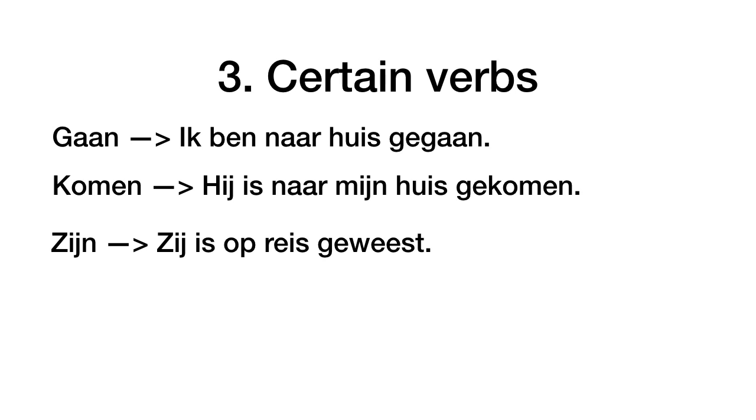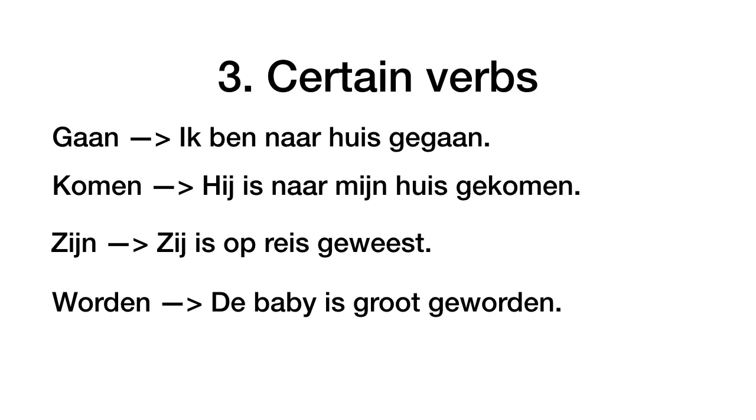If not, just remember that zijn is in perfectum always with zijn. The same for worden. The baby is groot geworden. The baby has become big. You could say that this is a change of state of the subject. The subject is undergoing the verb, the action.